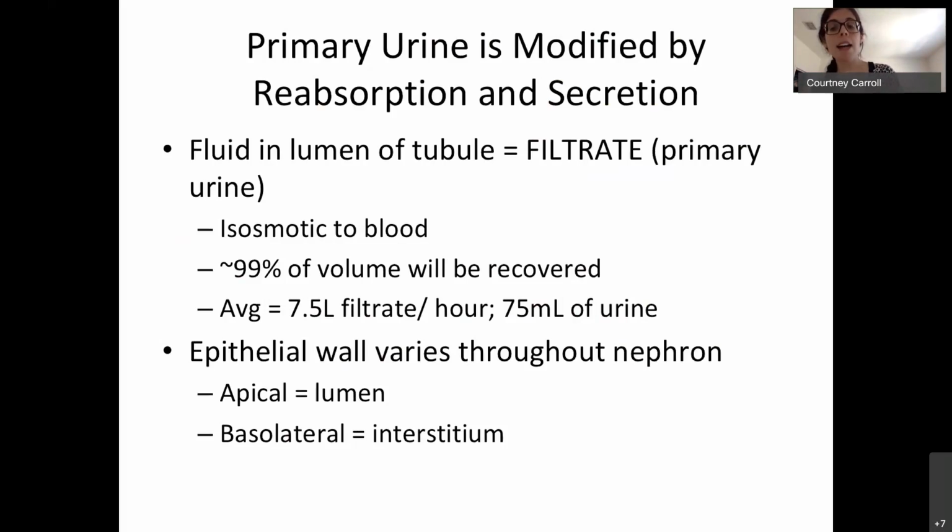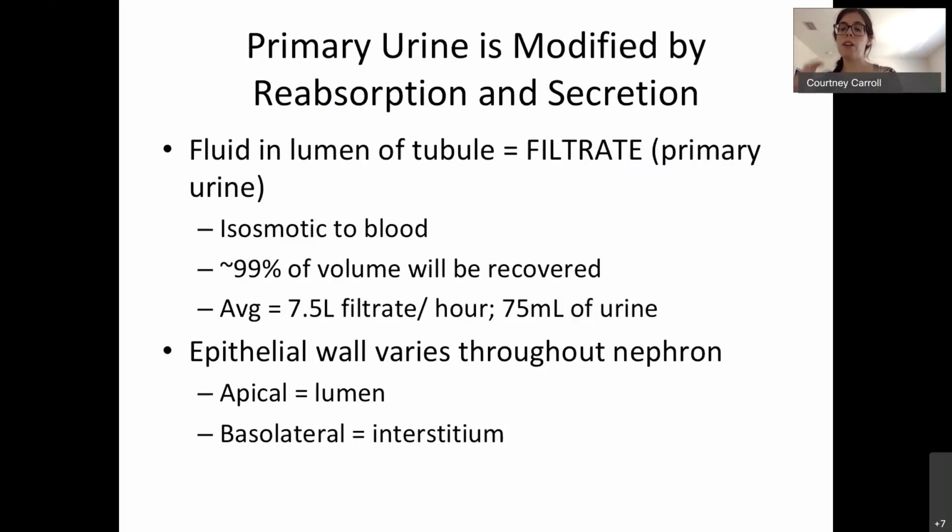So again, the vast majority of it is going to be taken back and stay in our system, and we will excrete out a small amount of water. Now, this can vary depending on your hydration status, your activity level, your environment, all of that, but this is an average.